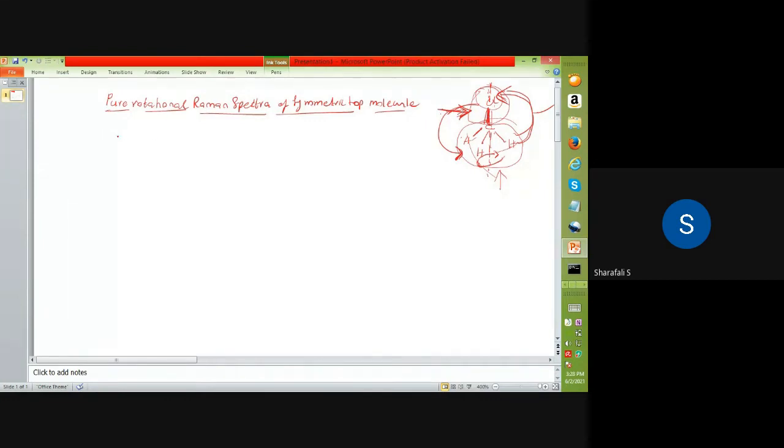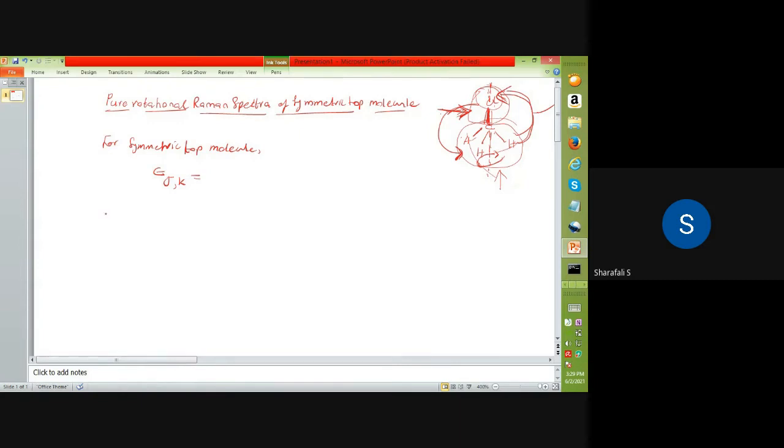For the case of a symmetric top molecule, which we already studied in microwave spectroscopy, we have the energy in terms of wave number, epsilon J comma K. We have two different moments of inertia in this case, IA equal to IB and IC not equal to 0. You can take it a different way accordingly.